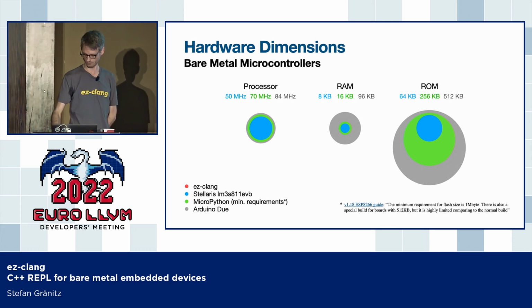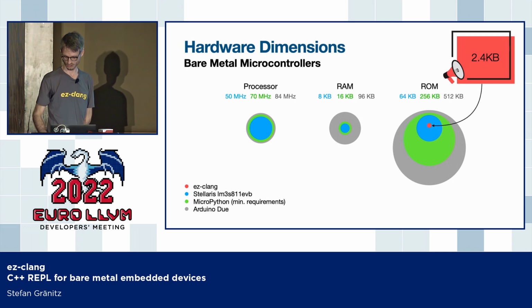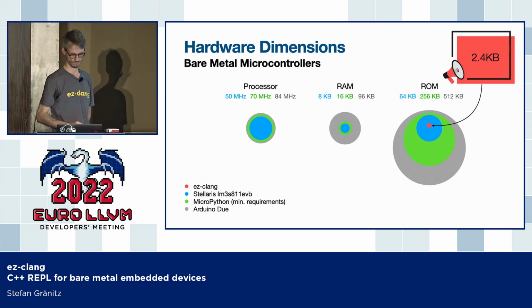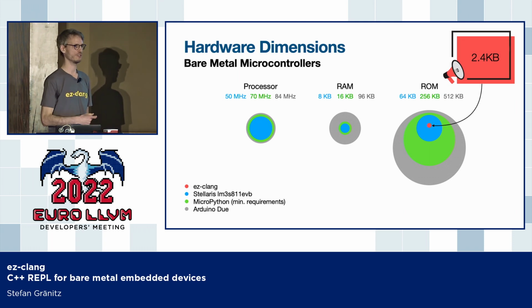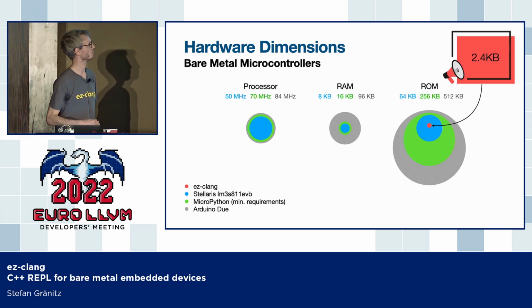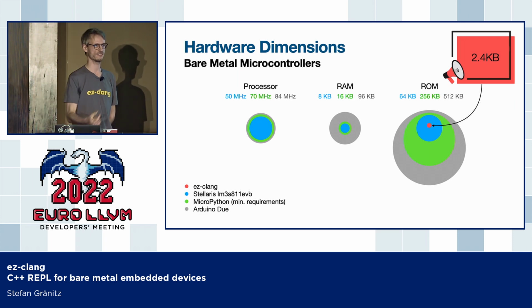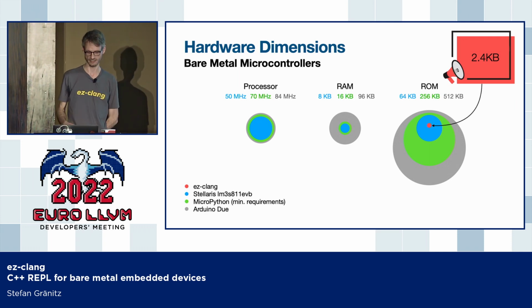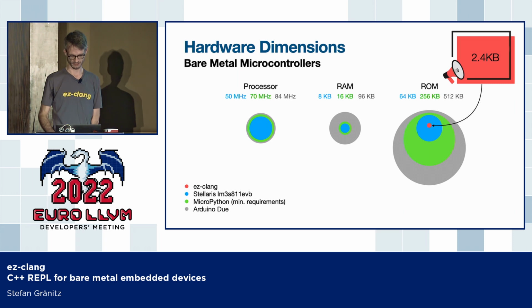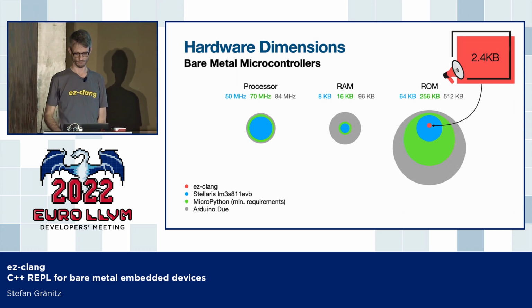And I'm proud to be able to point out that I achieved to compile an ez-clang firmware, a freestanding minimal version, into a 2.4 kilobyte binary. So this is the hardware requirement for ez-clang. And I would say this is something that fits everywhere.